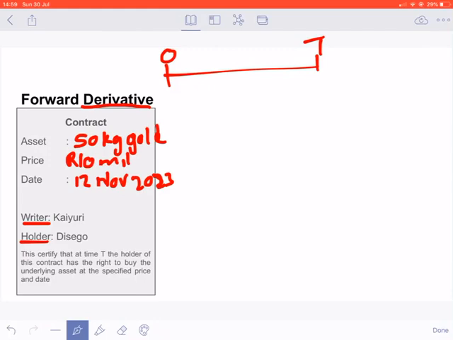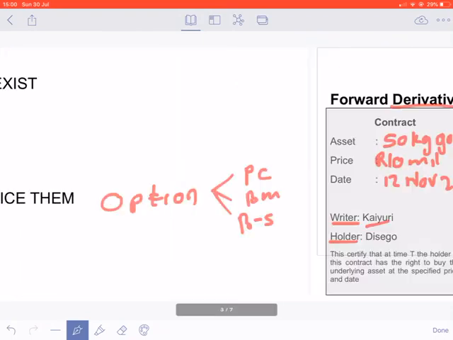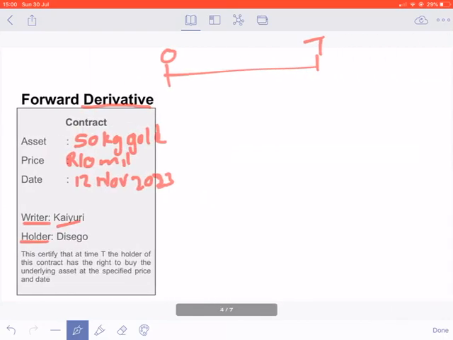So we are going to enter into a contract. The writer of the contract agrees that they are going to sell to the holder of the contract. Let's say the contract is between the seller and Kayuri. The writer, Kayuri, agrees that she is going to sell 50 kg of gold to the seller for 10 million rand on the 12th of November.